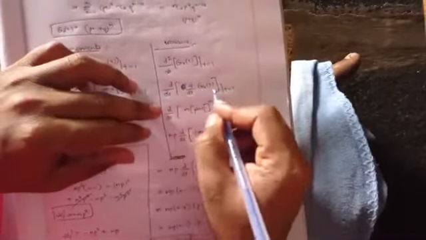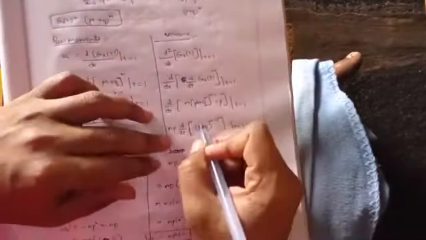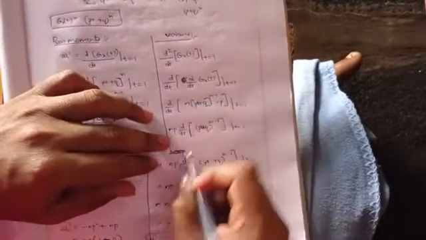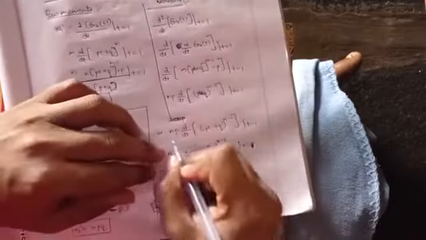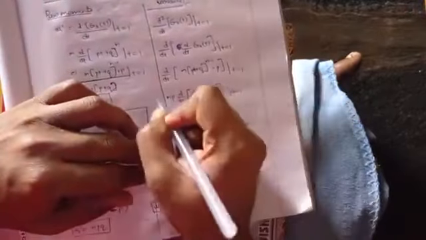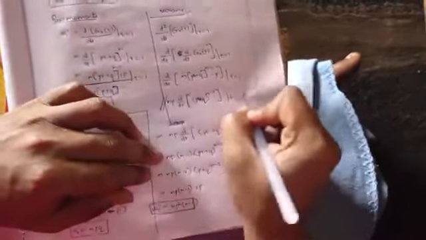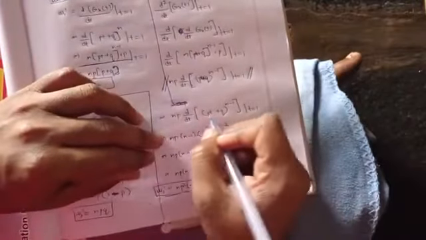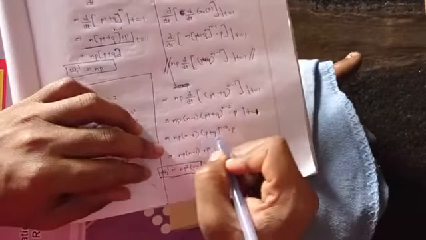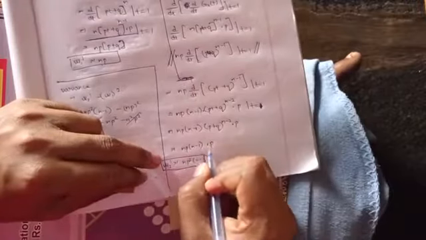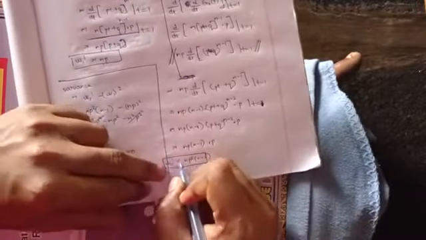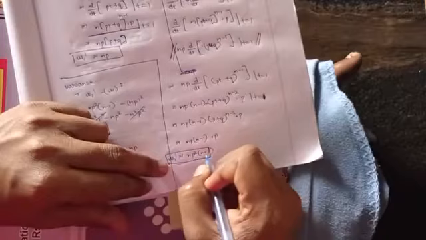By solving it, we get np of d by dt of (pt plus q) power n minus 1 such that t equal to 1. Now substituting t equal to 1, we get (p plus q) power n minus 2 into p. What is p plus q? P plus q is nothing but 1. So np of (n minus 1) into p. Adding mu 1 dash, mu 2 dash is equal to np square minus n minus 1.